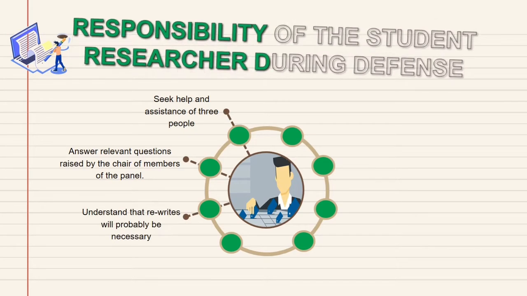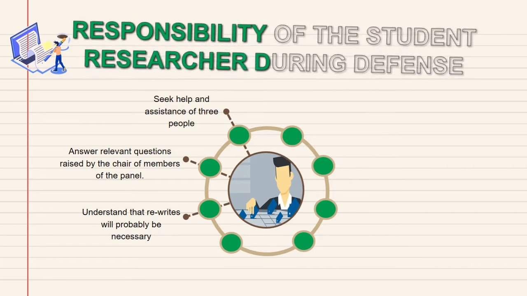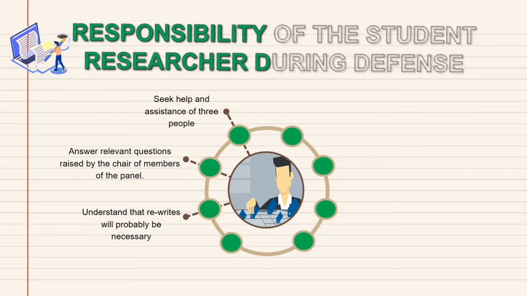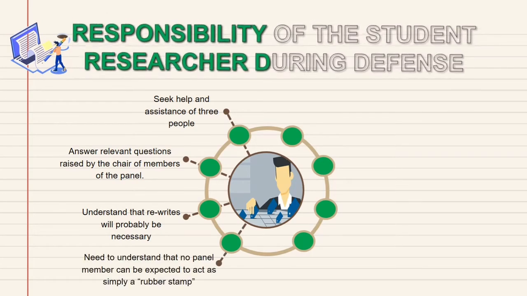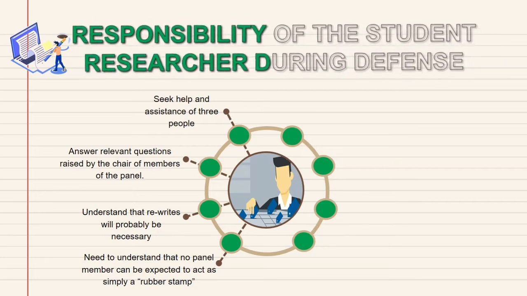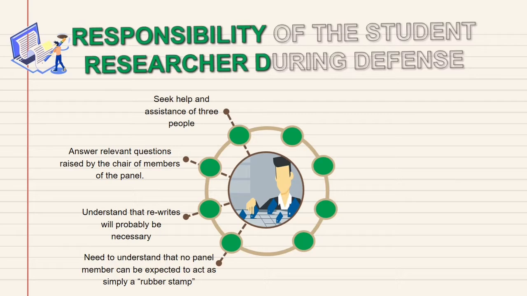He has to understand that rewrites will probably be necessary in that the guidance of the committee is to be taken seriously if the research is to be scholarly completed. He needs to understand that no panel member can be expected to act as simply a rubber stamp for his or her ideas in writing.